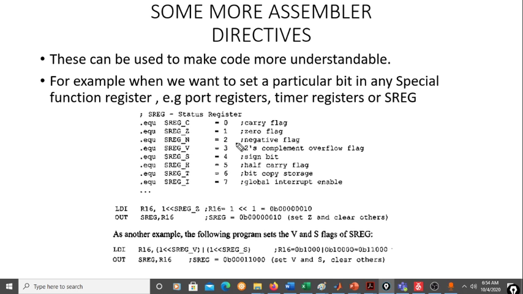Without using the directive, we know that the Z flag is bit number 1, which means if we just need to set the Z flag, we can write 0x02, because with 0x02 the Z flag is set.